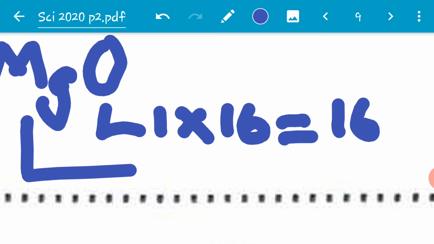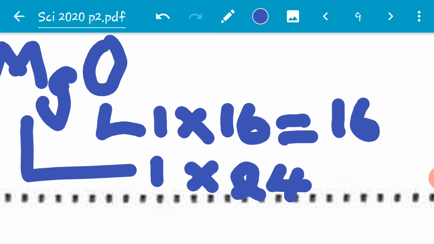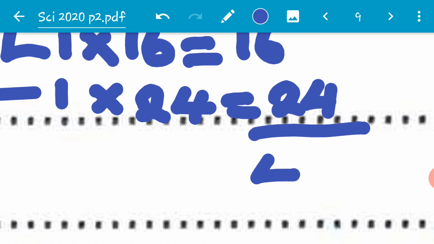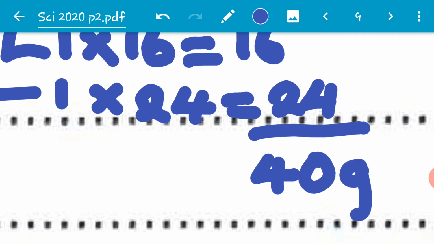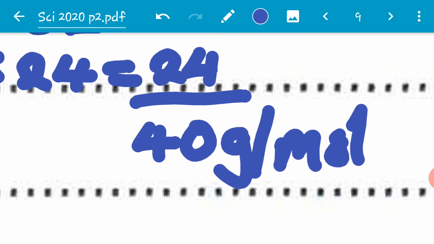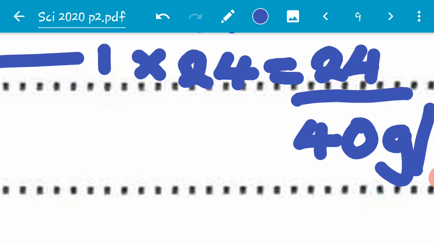Then we go to magnesium. We only have 1 atom times 24, which will give us 24. So 16 plus 24 will give us 40 grams per mole. So it means 1 mole of magnesium oxide weighs 40 grams.